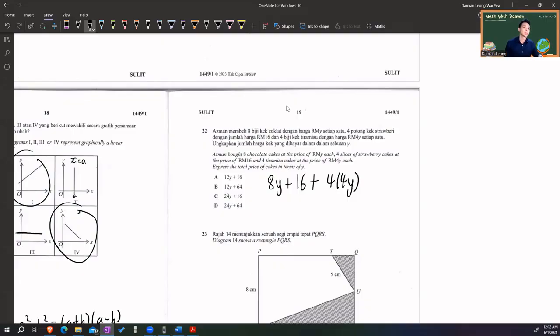So add together 8Y plus 16 plus 16Y. So 8Y plus 16Y, 24Y, 24Y plus 16. Okay, answer C.